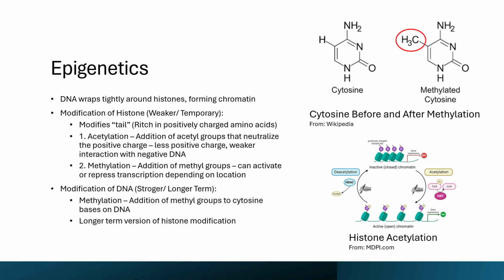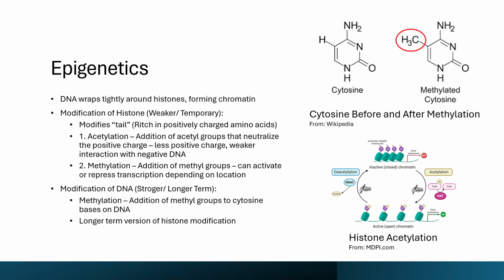There are two processes in this. There's acetylation, which adds acetyl groups to neutralize the positive charge of the histone tails, which in turn leads to a weaker interaction with the negative charge of the DNA and leads to it being less tightly bound. There's also methylation, and this is the addition of methyl groups and can activate or repress transcription depending on location.